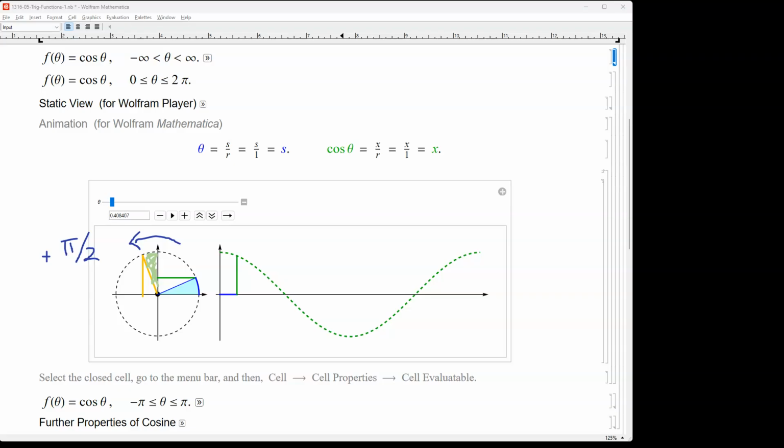Now pay particular attention to this x-coordinate, horizontal. That gives you the graph of the cosine function, right? X over r, but r is 1, so cosine value is just x. Now let's take a look at the rotated triangle here, and that precisely matches this vertical.